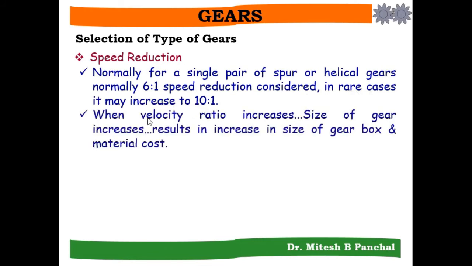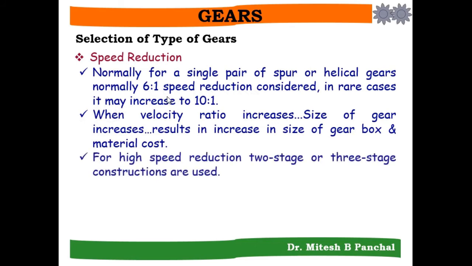When velocity ratio increases, size of gear increases, and that results in an increase in the size of the gearbox and material cost. Because of this particular point, the speed reduction criteria is considered for the proper selection of gear. For high speed reduction, two-stage or three-stage construction is used.